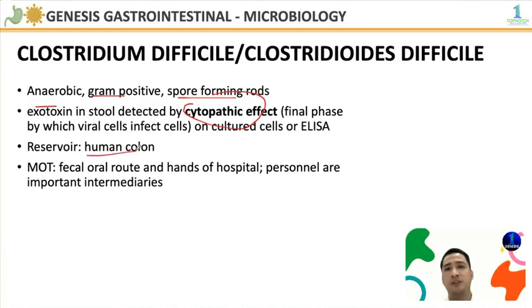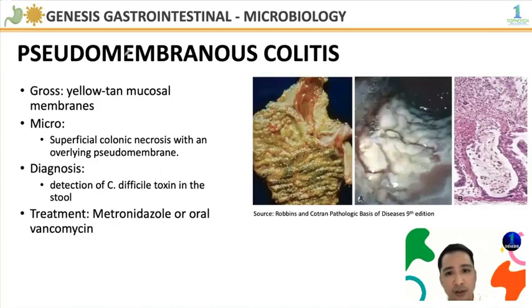The mode of transmission: who commonly gets Clostridium difficile? Long-term hospitalized patients, those in the ICU, hospital personnel, because they use antibiotics with long exposure. So this is the pseudomembranous colitis. These are mushroom-shaped yellow-tan mucosal membranes.